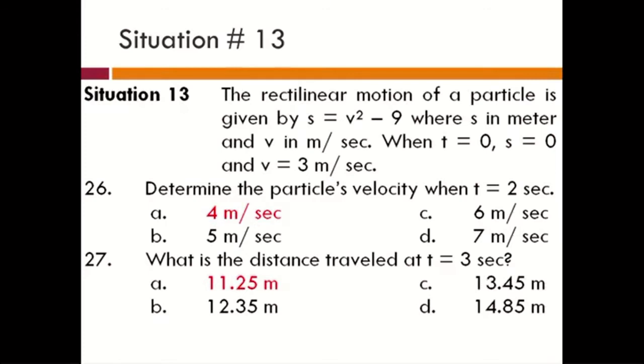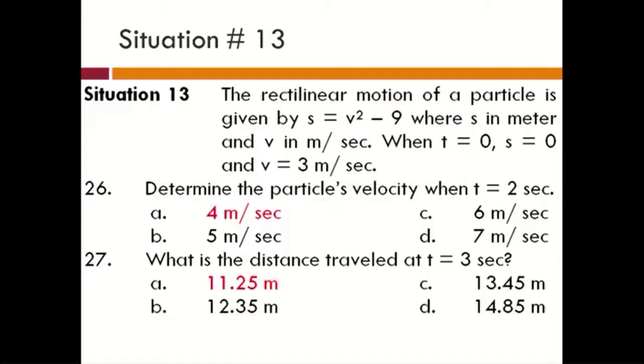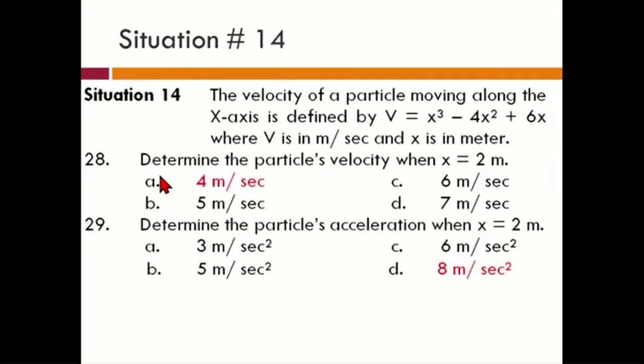Okay, so next ay station number 14. Let's try. Given velocity V, ang pinapahanap is velocity when x equals 2 at parang direct substitution lang to, number 28. And number 29, acceleration daw, you simply have to differentiate velocity with respect to time. Pero I think hindi yun makagawa dyan.